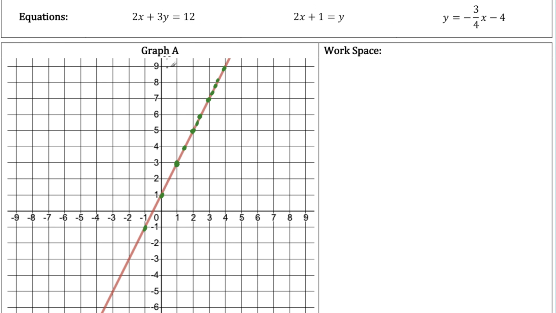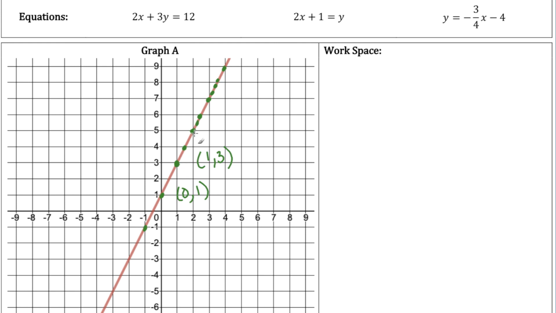So first thing I want to do is pick some solutions off of here that are pretty easy. So like 0, 1. 1, 3. We did this one.